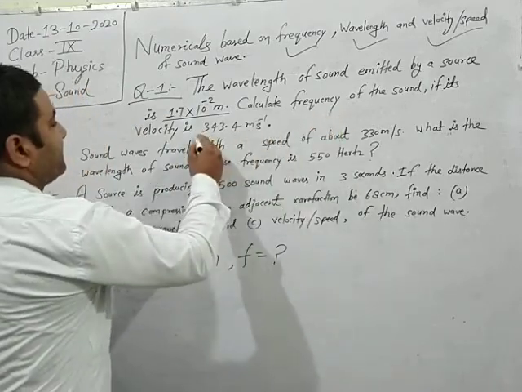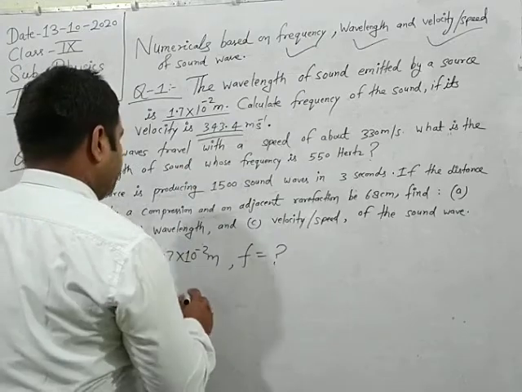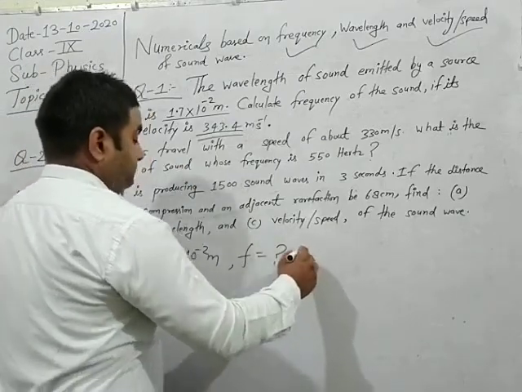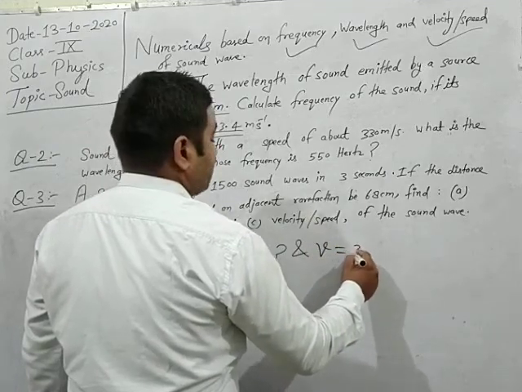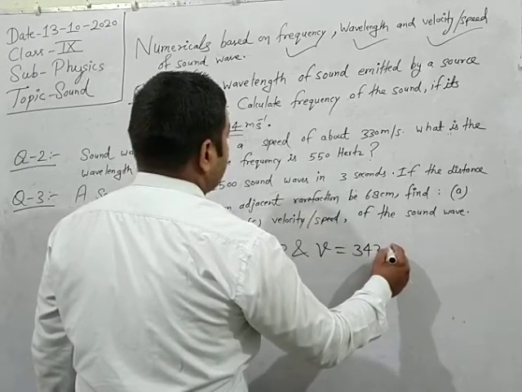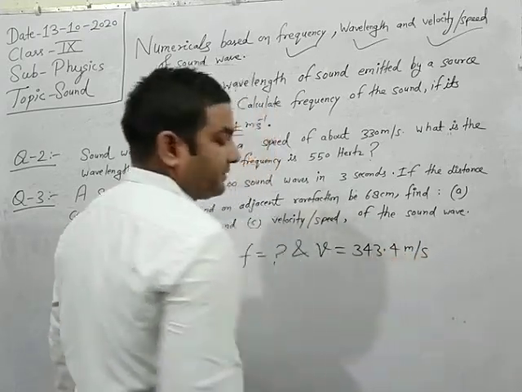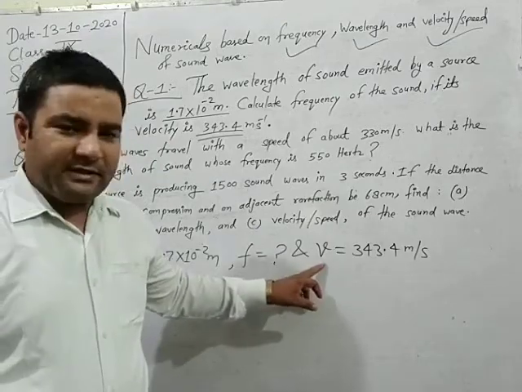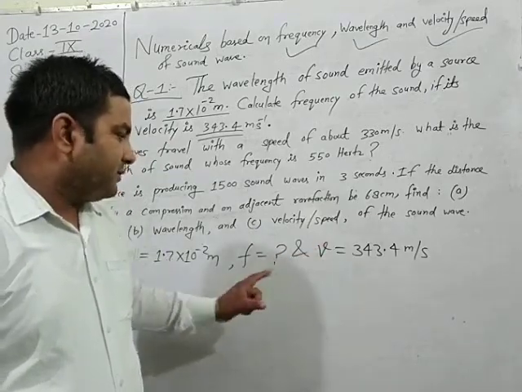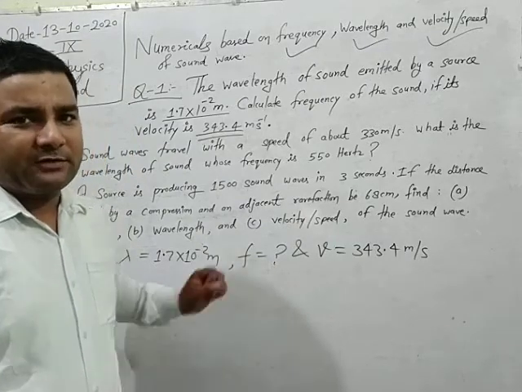Its speed or velocity is given: 343.4 meter per second. Clear? Here two terms are given, lambda and v. We have to calculate the frequency value.